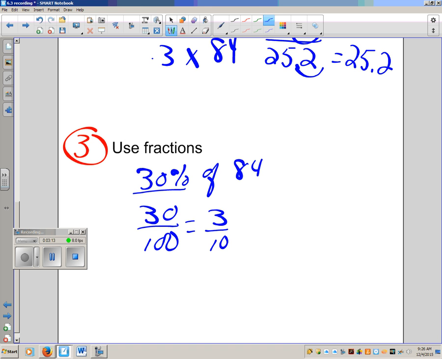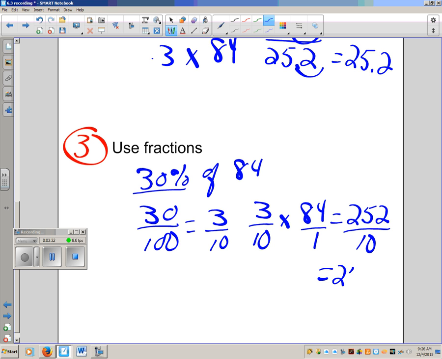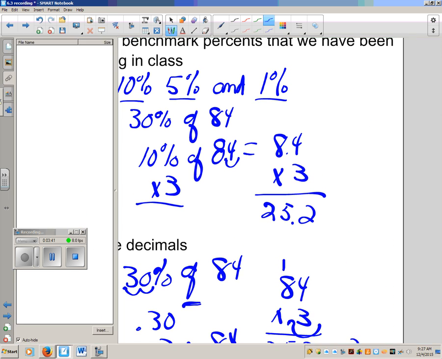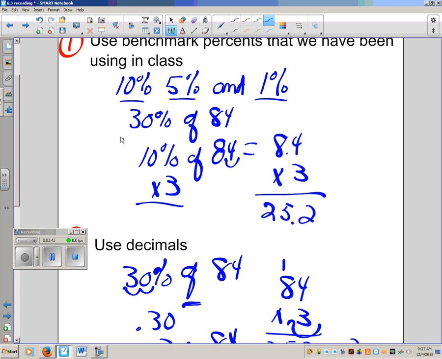You know how to multiply your fractions. 3/10 times 84 over 1. You will get 252 over 10. 252 divided by 10 is 25 and 2/10. So those are the 3 ways you can get a percent.